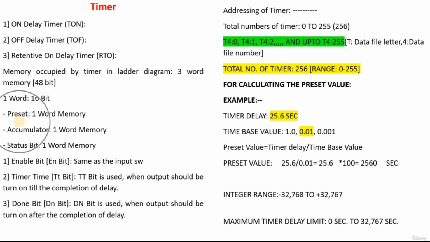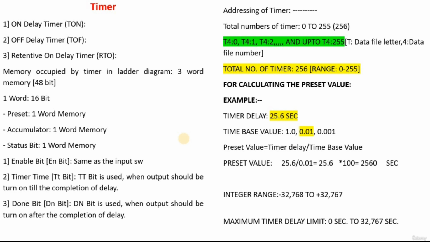Similarly, here you can see the accumulator. Before coming to the accumulator, let us discuss some more points about the preset. When you are using the timer, you must be aware of some important points related to timers. That is the total delay which we can provide for a single timer. Second, can we provide floating numbers as a delay to the timer?